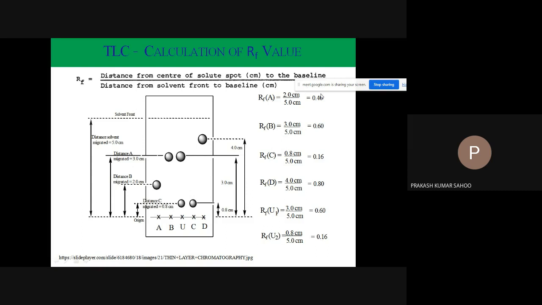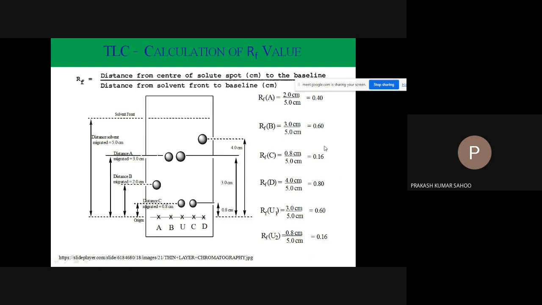So by knowing these RF values, we may conclude what type of molecule samples A, B, U, C, and D are, and what type of interactions are supposed to happen between these samples and the stationary phase.